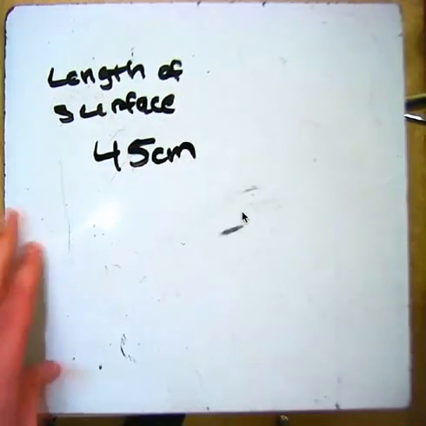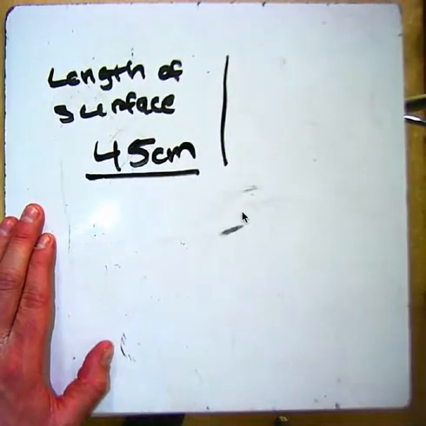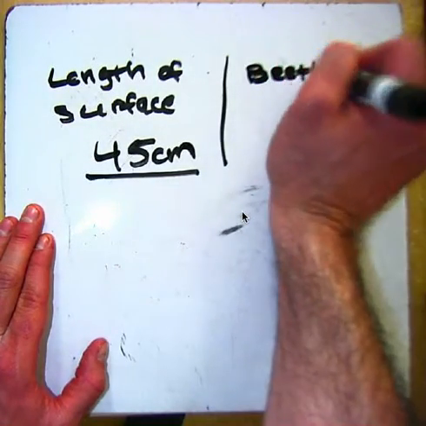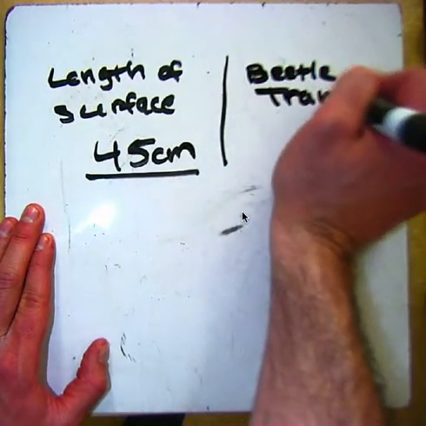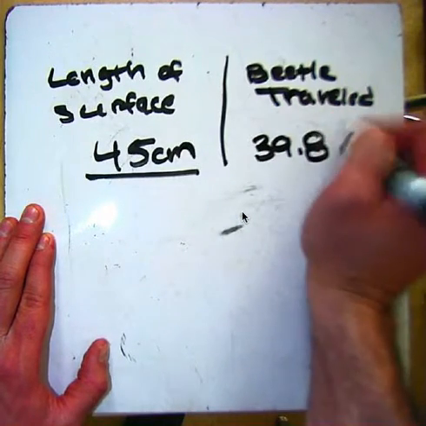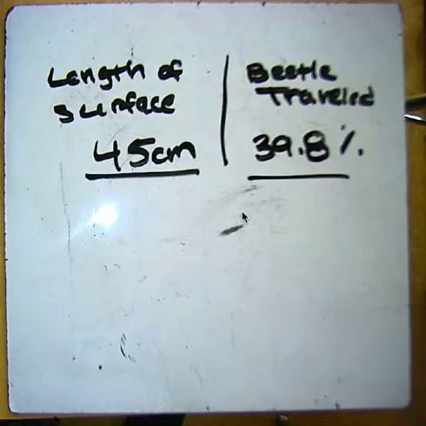So our whole surface has a length of 45 centimeters, and let's say the object, or in this case a beetle, traveled 39.8% of that surface. How do you find out the distance that your beetle traveled?